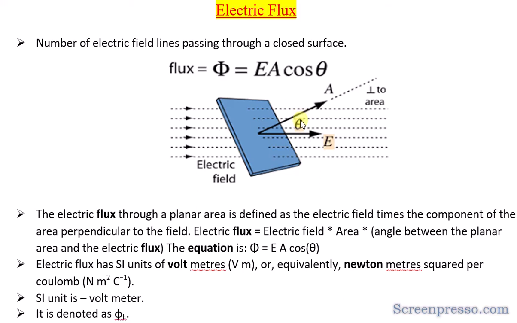With respect to this, we will understand how the formula can be derived. This is perpendicular to the surface area, correct? So what is electric flux through a plane area? It is defined as the electric field times the component of the area perpendicular to the field. As I already told you, this is the area which is perpendicular to the field.